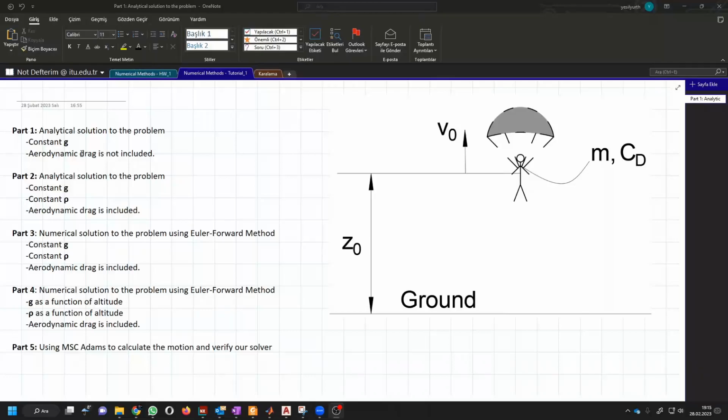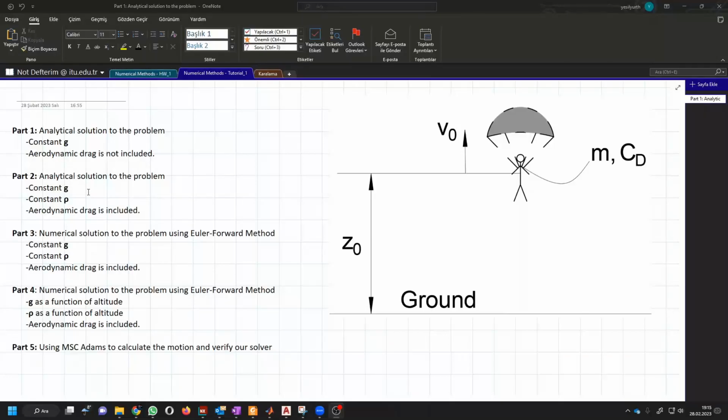In part 1, we will solve the problem just like in the high schools, with constant gravitational acceleration, and we will not include aerodynamic drag or any aerodynamic effect on the body.